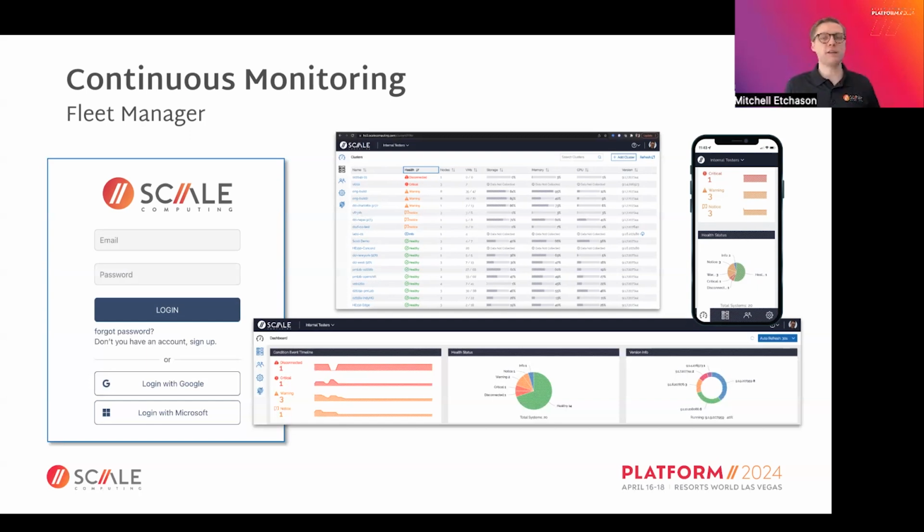We have a feature in Fleet Manager called Secure Link. Secure Link allows for streamlined, secure remote access to individual VMs, which eliminates the need for VPNs at remote sites. Removing the need for VPNs also minimizes your network attack surface at remote locations.